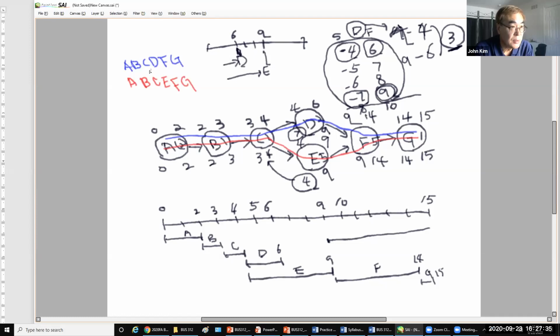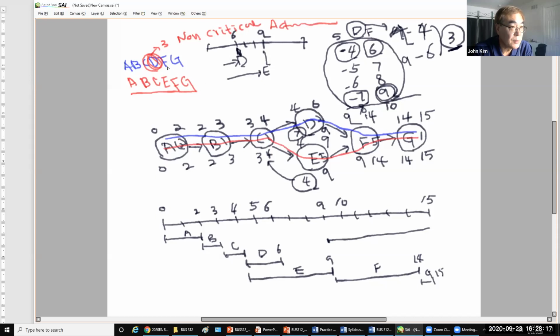On this path, D has 3 weeks of slack, but on the other path, no activity has slack. If an activity has slack, like activity D, we call it a non-critical activity.